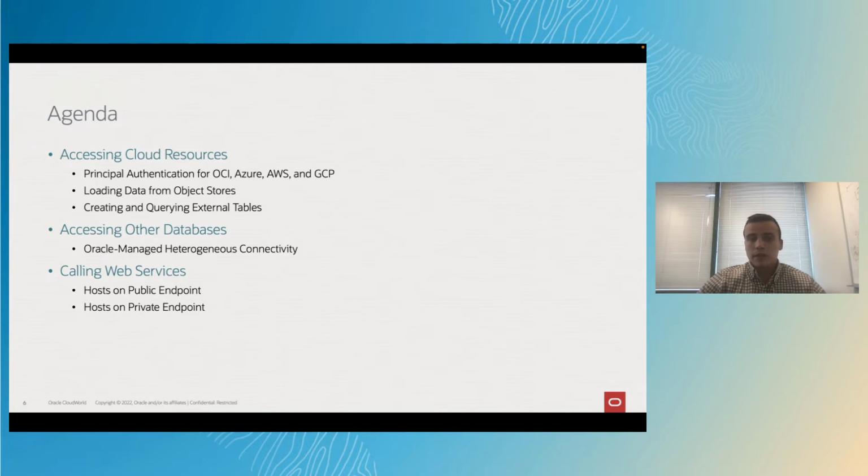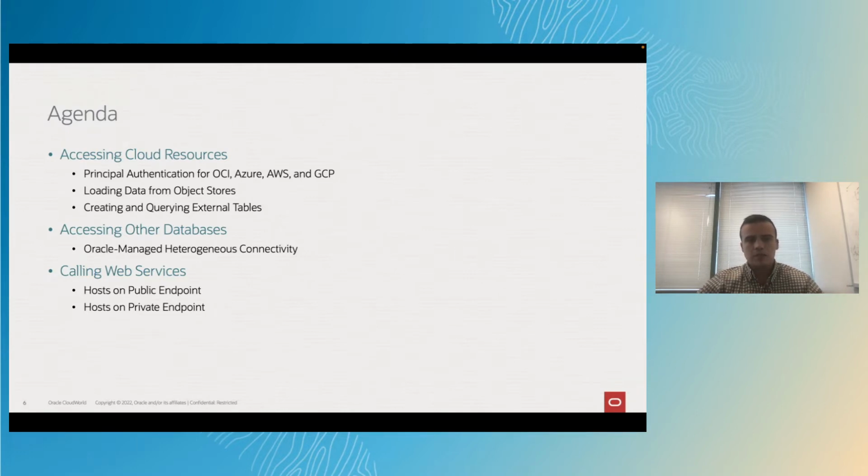And we are also going to talk about how you can take advantage of this principal authentication when you're doing some common operations such as loading data from object stores or creating or querying external tables that are built over external data files that reside in different cloud object storages.